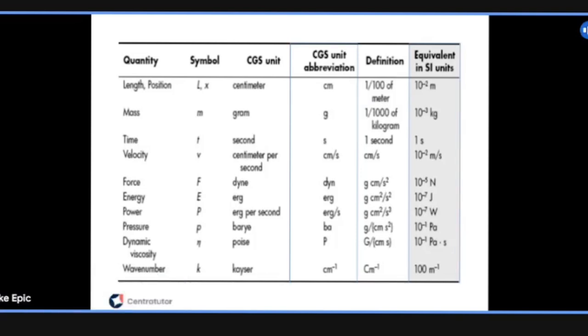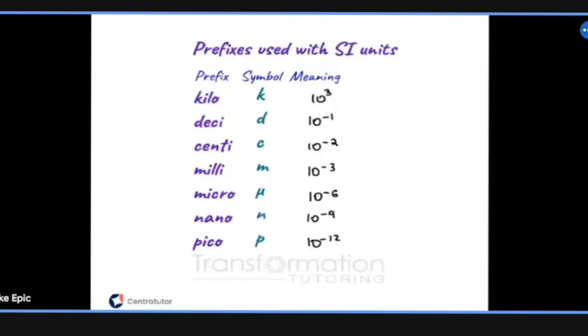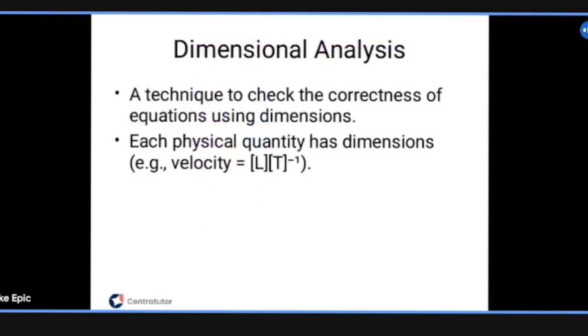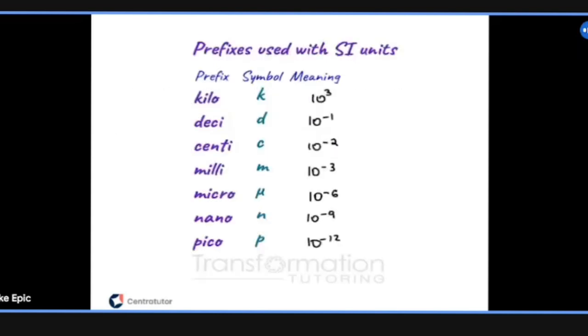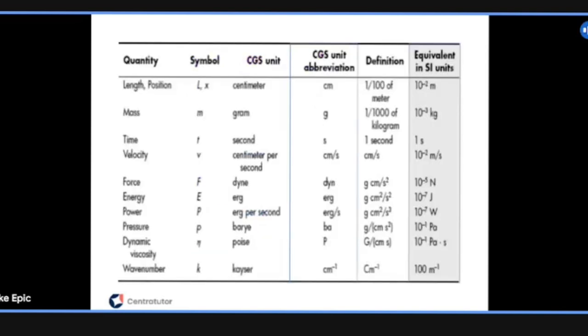So these mass, length, and time are what are used to carry out dimensional analysis. So we talked about the conversions from different units, saying that the conversion of different units is done because there are some standard values that can be used to convert these units from one form to another.